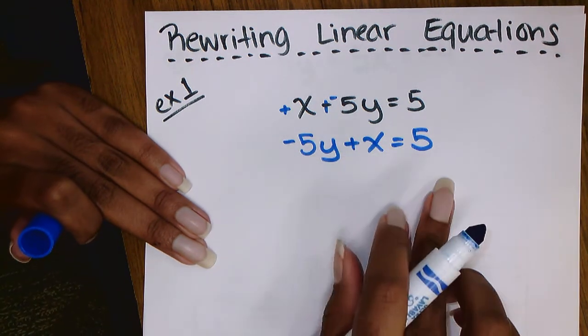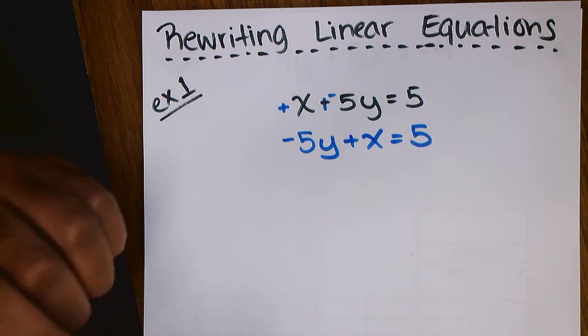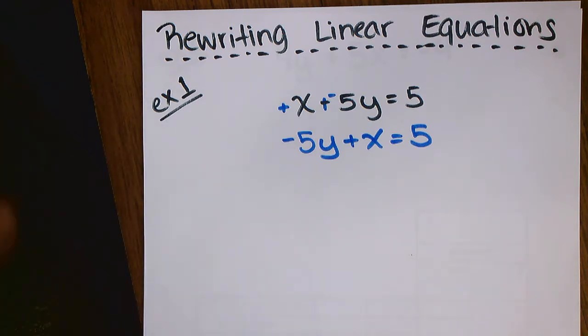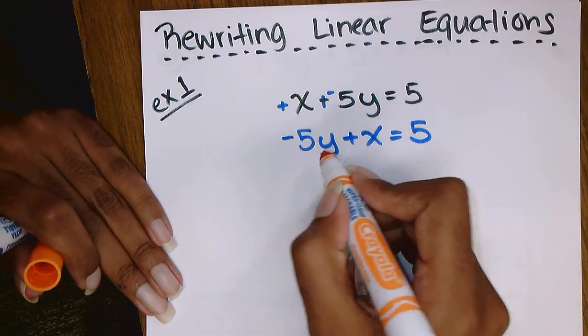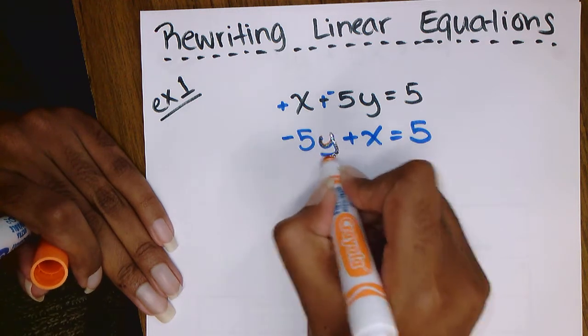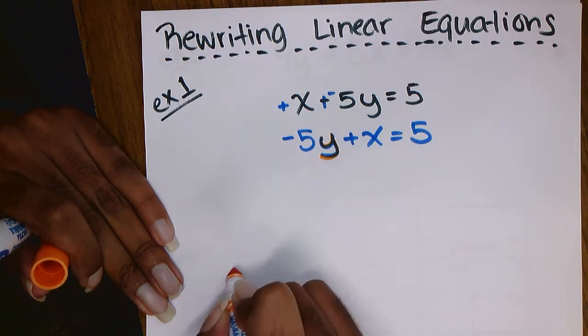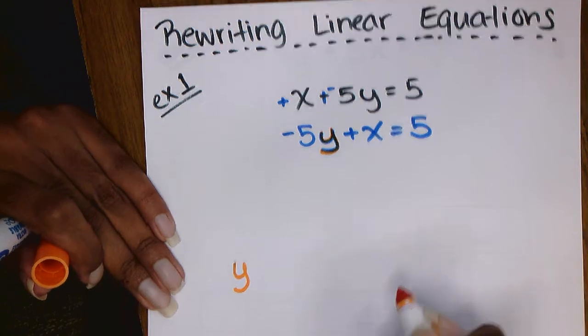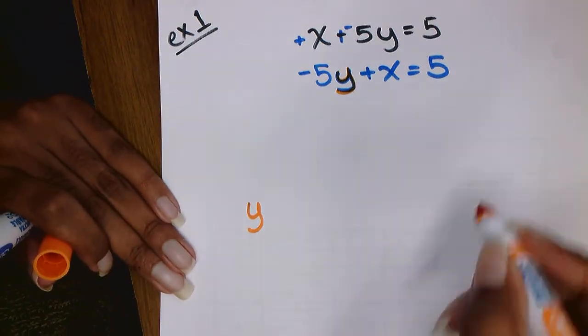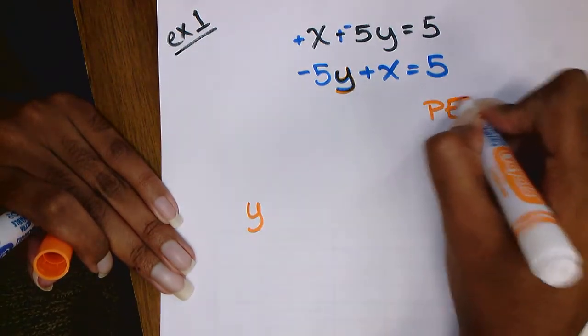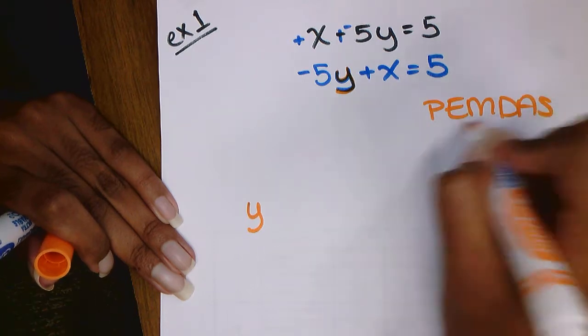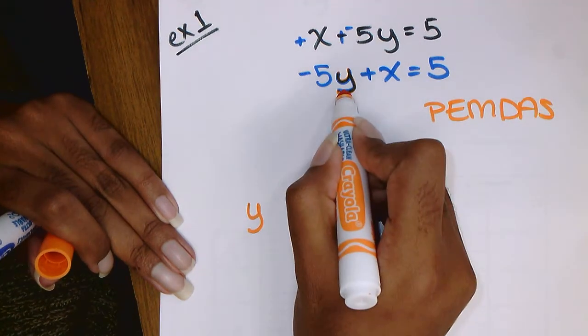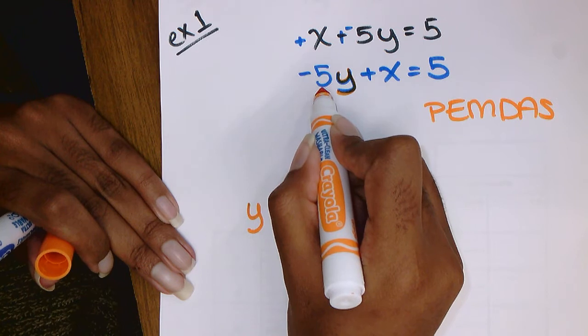I put my y term first, because it'll help me realize what's happening to y first and what's happening second, because I imagine my y like a battlefield. Whenever I'm solving an equation, I write my y down and I say, well, what's happening to my y first? And that's where recalling your order of operations comes in. The first thing that's happening to my y is we're multiplying it by negative 5.